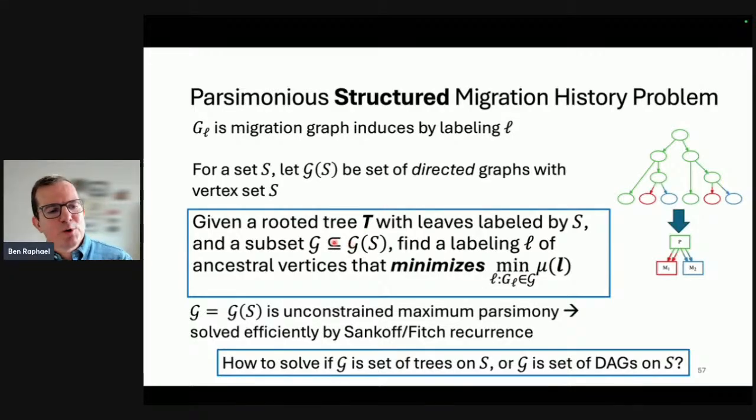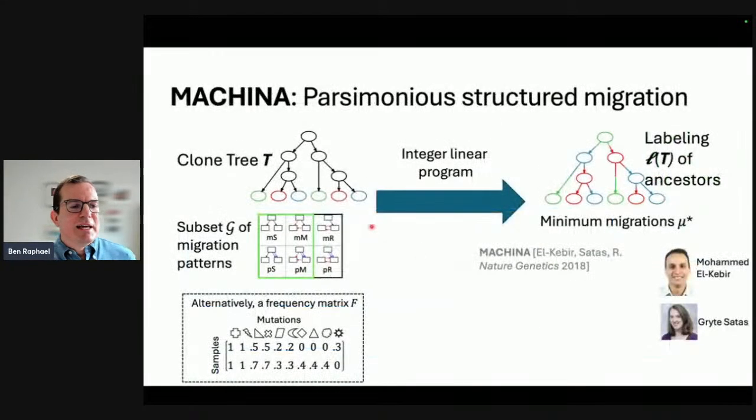So what if I require that this graph is a tree? Then what's the minimum number of migrations such that the corresponding migration graph is a tree? Or what if I require that it has a cycle, or it's directed acyclic? Then what's the corresponding minimum number of migrations? And this is something that we worked out in that same paper.